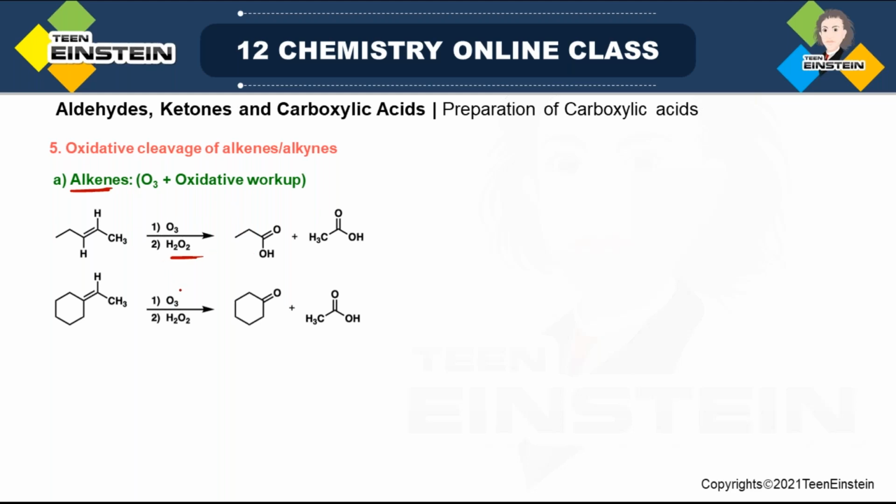Suppose you are doing ozonolysis with O3 and you are using zinc water, you will end up with a product like this. There will be simply CC cleavage. You will get from the left hand side this molecule, propanaldehyde, and from the other part you will get CH3CHO. Okay, simply break the CC double bond and put C double bond O.